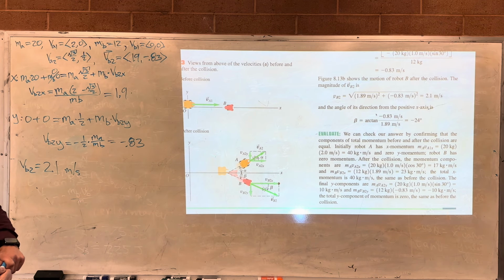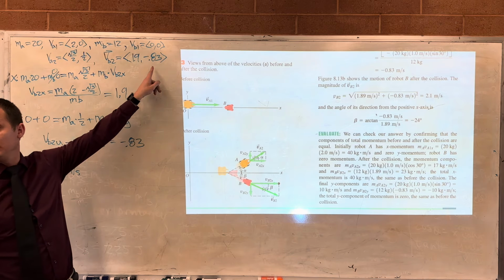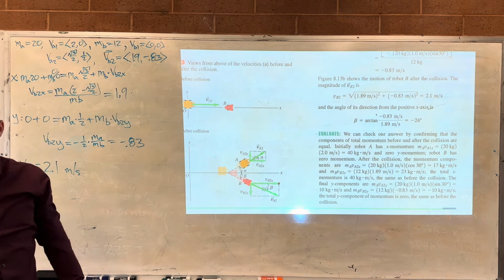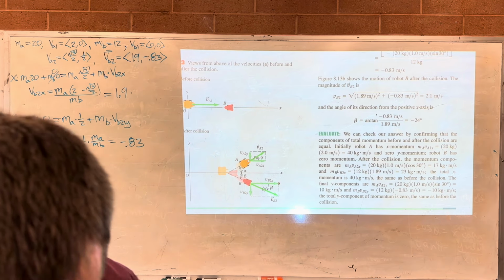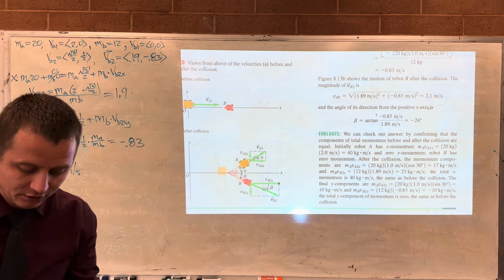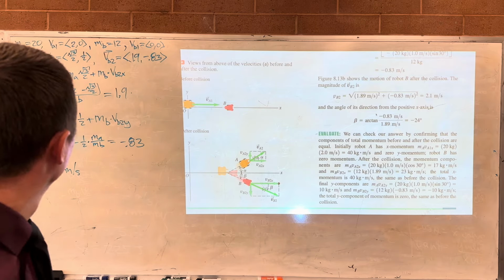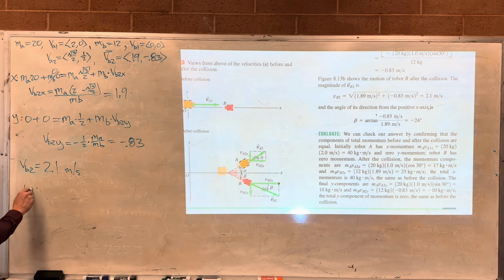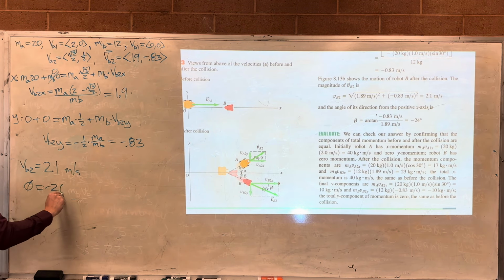And then the direction is going to be the arctangent of y over x. So now we do arctangent of y divided by x, and we get negative 26. So theta is equal to minus 26 degrees.